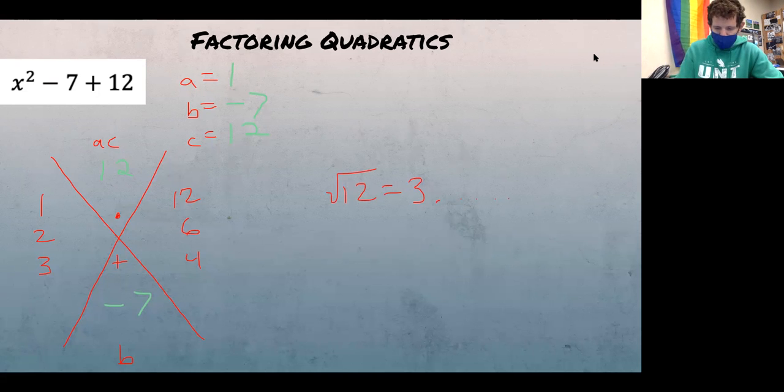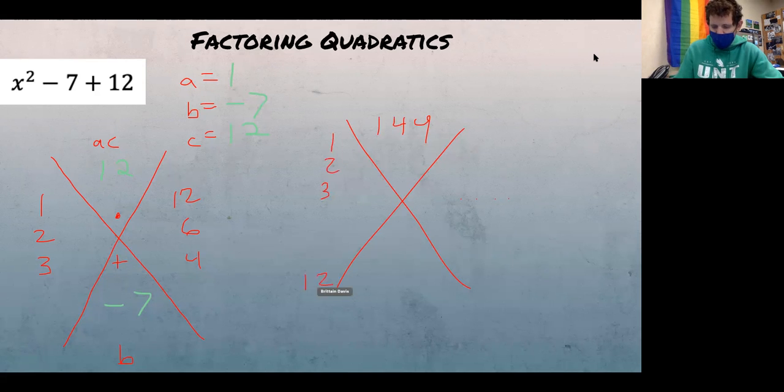Because if you have a bigger number, like let's imagine that the top of your X was like 144. Now we know some of the factors of that, but there could be a lot of factors. So to keep it organized, I'd start 1, 2, 3, all the way up to 12 times 12. And that's as high as I need to worry about going. So as big as a number gets, you only need to go as high as the square root of it on the left side. That's not this particular problem, so I'll get that out of the way.